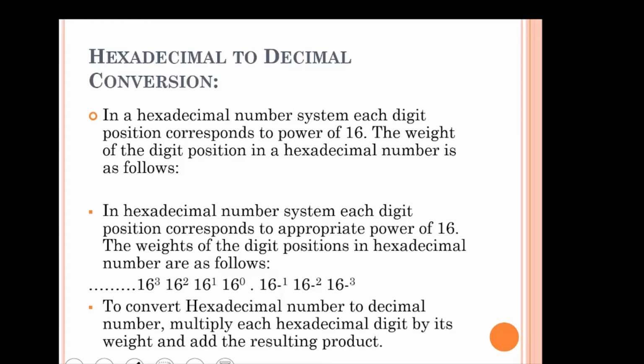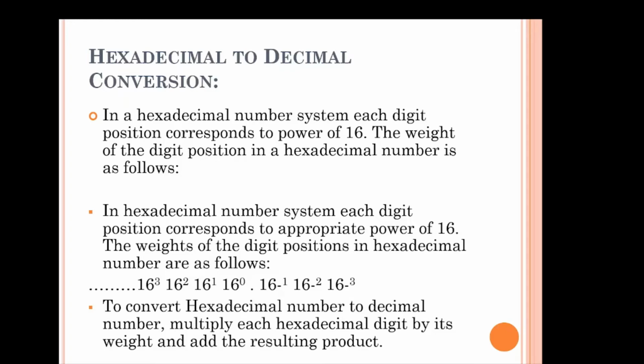So in the hexadecimal number system, each digit position corresponds to an appropriate power of 16. The weights are like this: 16 raised to 3, 16 raised to 2, 16 raised to 1, 16 raised to 0, and for fractional numbers it is 16 raised to minus 1, minus 2 and minus 3.